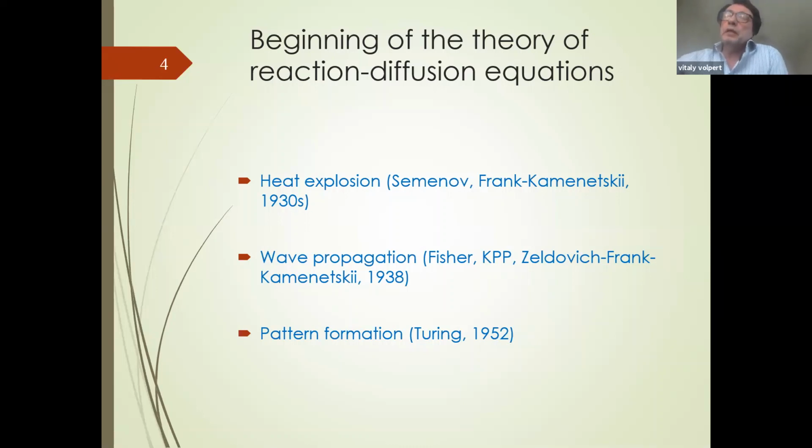Then, at the end of the 30s, there were famous works by Fisher, KPP, it's for Kolmogorov, Petrovsky, and Piskunov, for the propagation of a dominant gene, and also the works by Zeldovich and Frank-Kamenetsky in combustion theory. And the third large direction, a little bit later, related to pattern formation, and of course, everybody knows this Turing work in 1952.